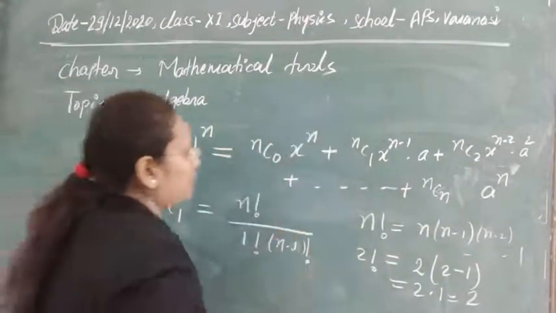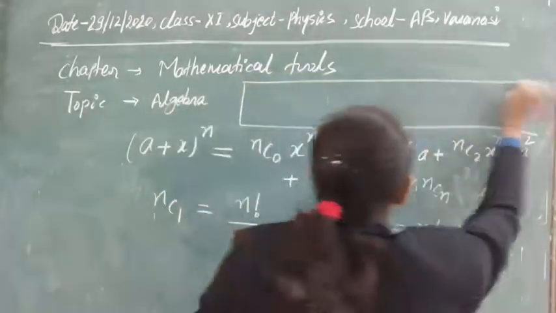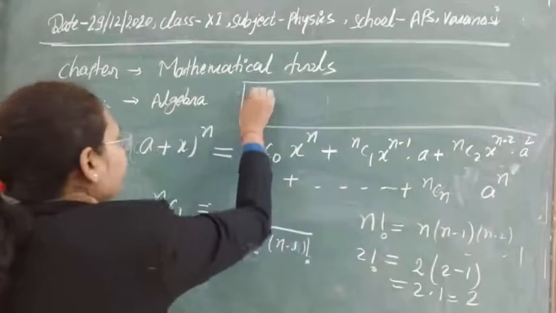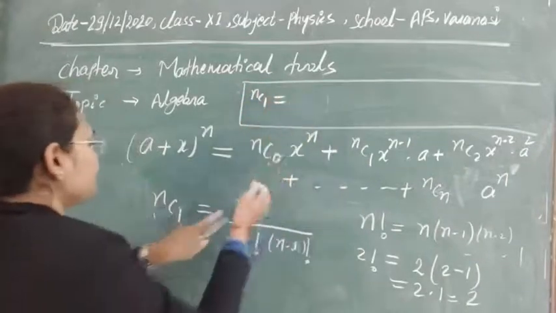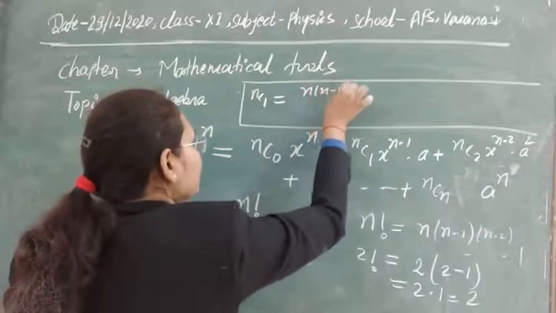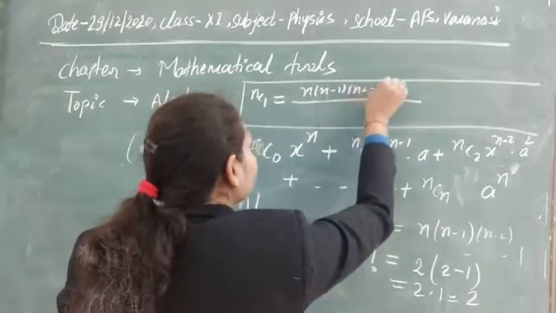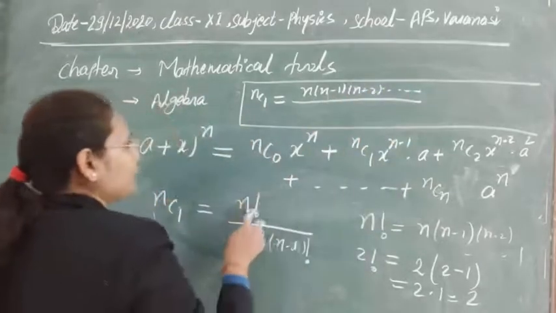I'm going to expand here because there is no space now. So here we have NC1, this is equal to factorial n, n minus 1, n minus 2, and so on. Here we have factorial 1.